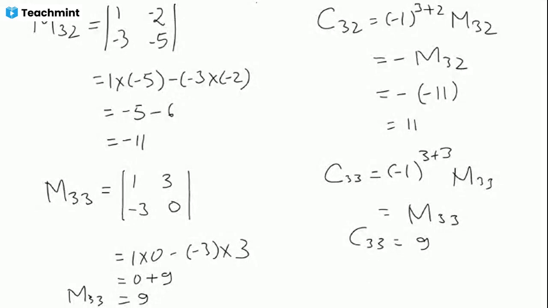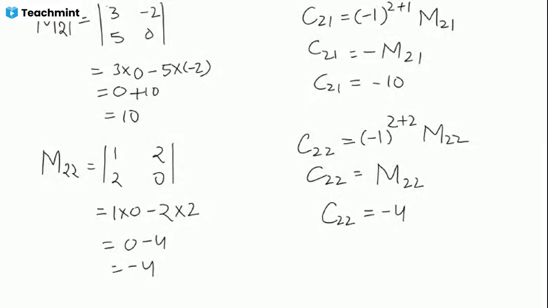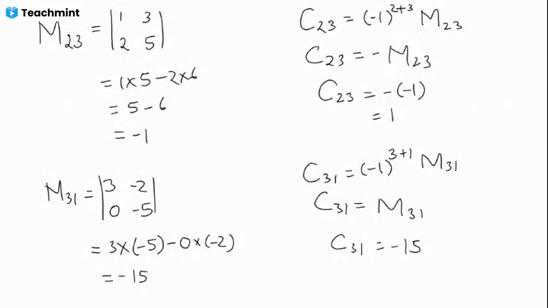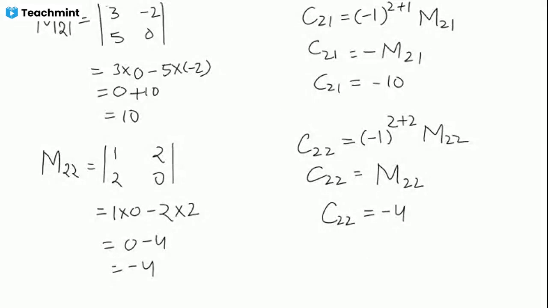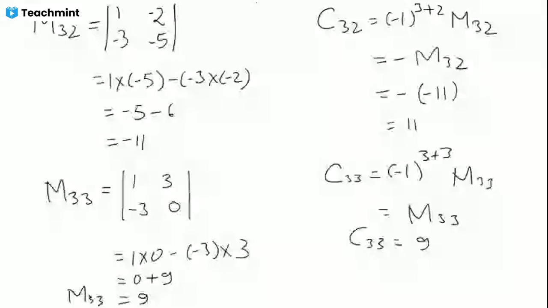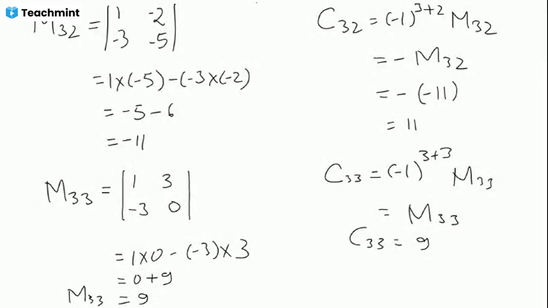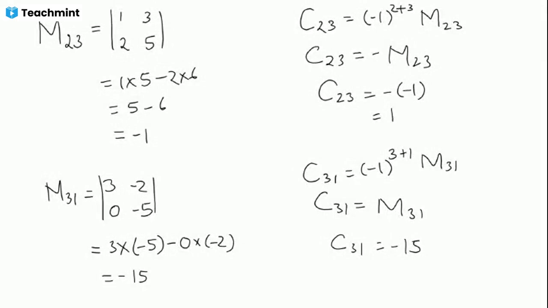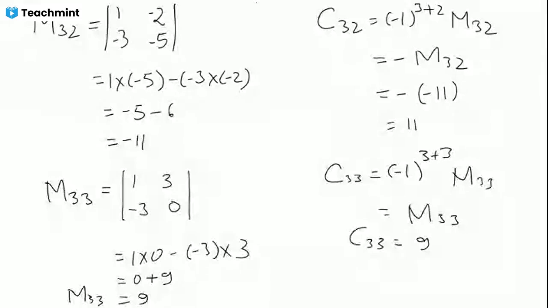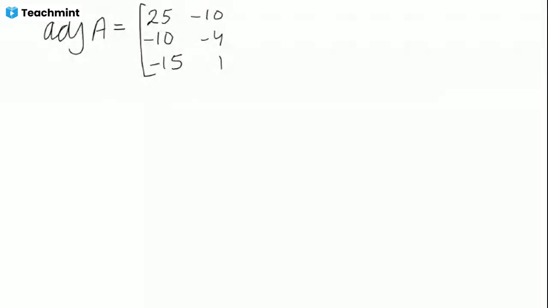Now C21 is minus 10, minus 4 and 1. Now minus 15, 11 and 9. This is the adjoint of A.